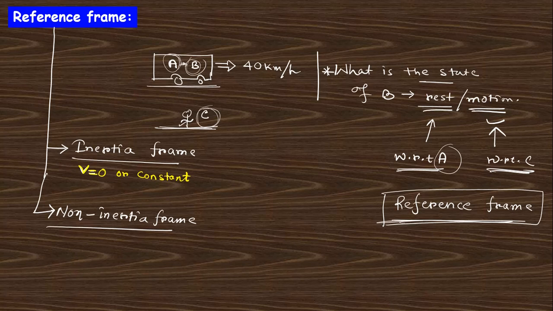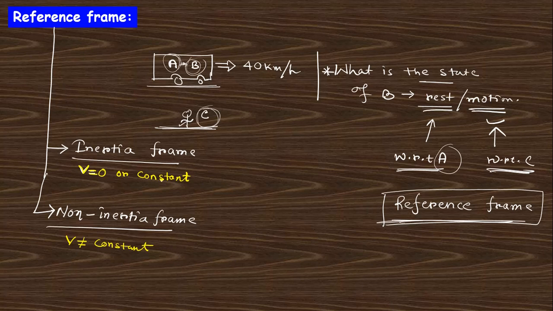The reference frame which has constant velocity or 0 velocity is the inertial frame. A non-inertial frame does not have constant velocity. The velocity which is not equal to constant is known as a non-inertial frame.